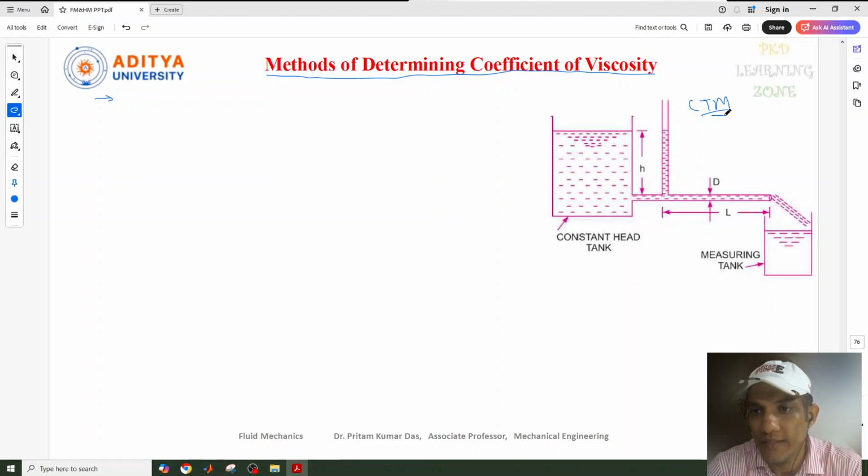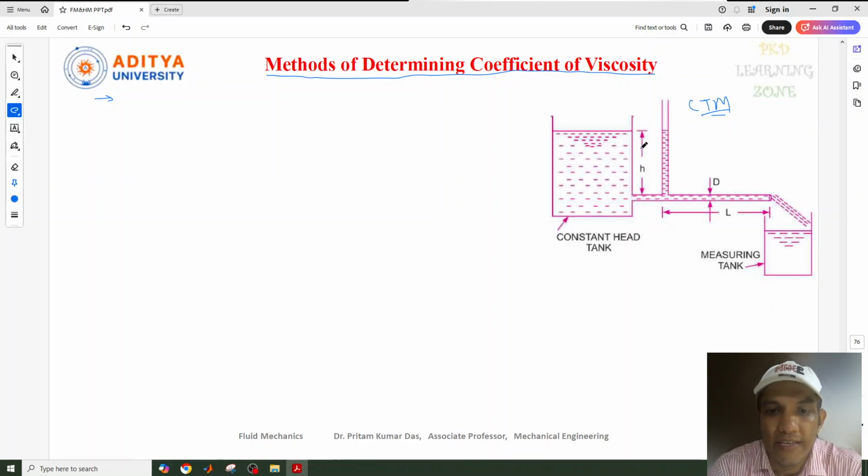Apart from that, there is also the falling sphere resistance method, then the rotating cylinder method, and the orifice type viscometer is also one method. So there are several methods to determine the coefficient of viscosity, and out of these, today we are going to discuss the capillary tube method.